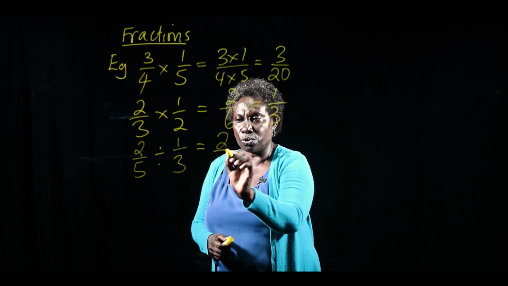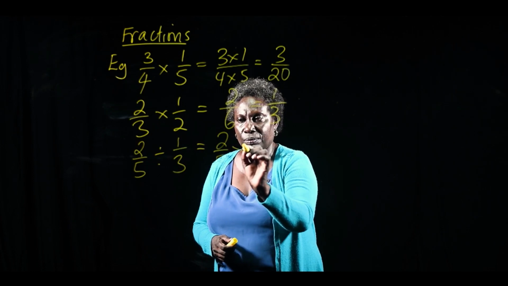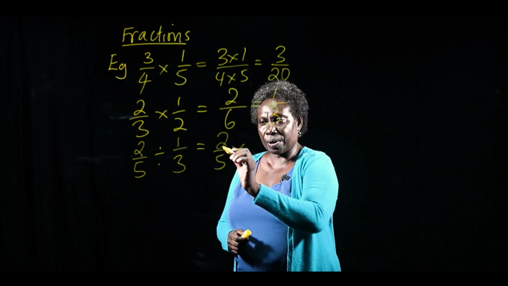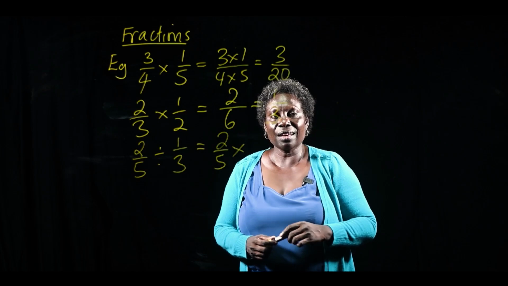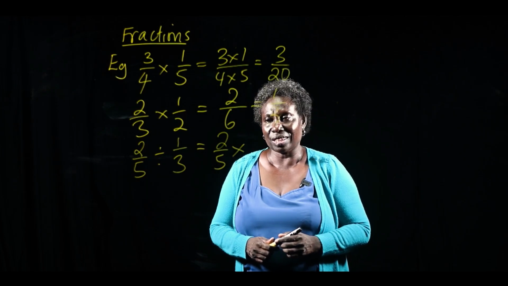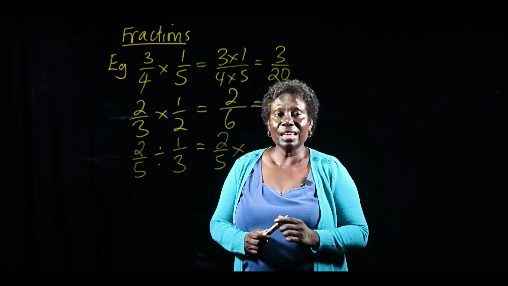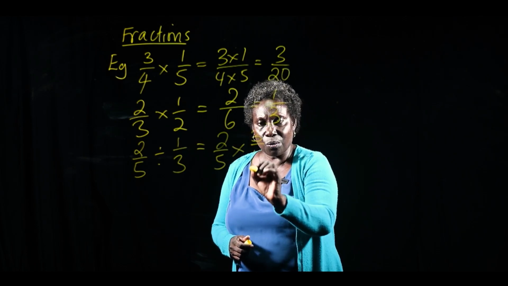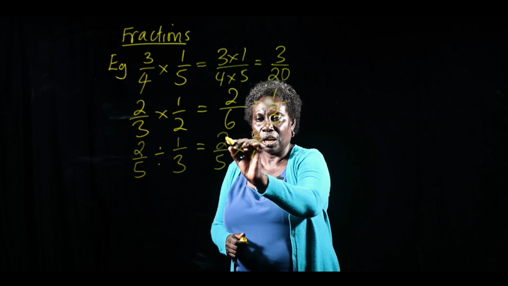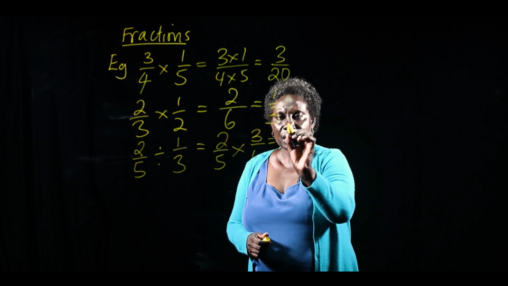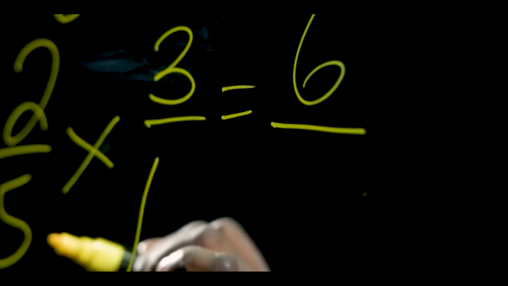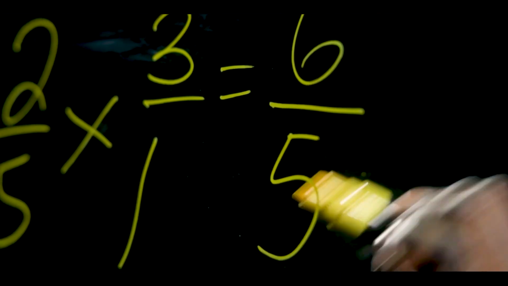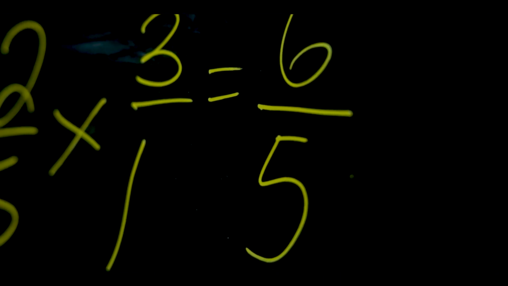So, we have 2 over 5 times. As we have already mentioned, we'll take the reciprocal of the divisor, or we take the inverse of the divisor, which is going to be 3 on 1. And now we have 2 times 3, which is 6 over 5 times 1, which is 5.